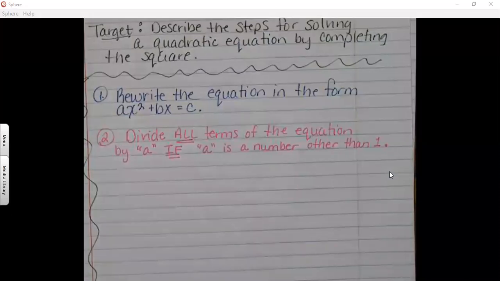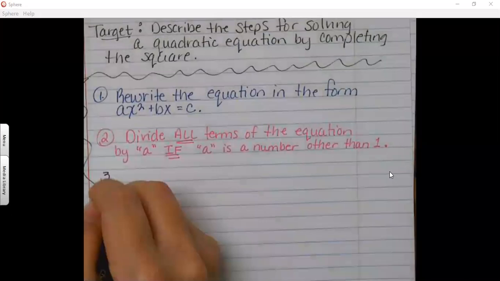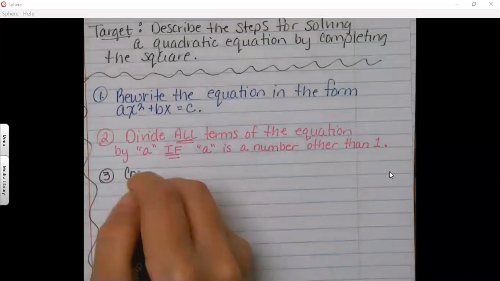Step 3 is where this method gets its name. We're going to complete the square.